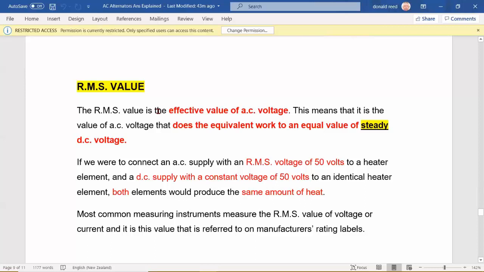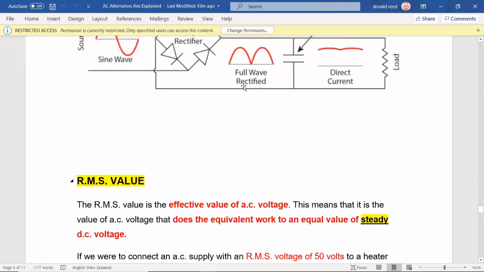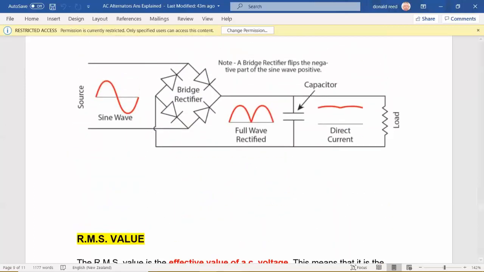The RMS value is the effective value of AC voltage. This means that it is the value of AC voltage that does the equivalent work to an equal value of steady DC voltage. Okay, so let's have a look at this. That's pulsating, and we take it as being steady.